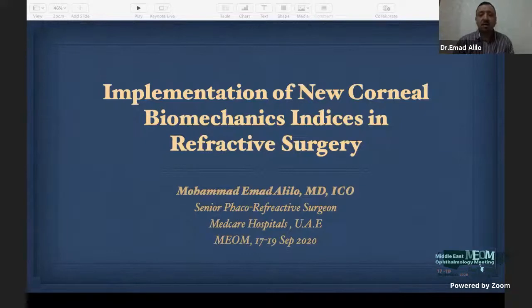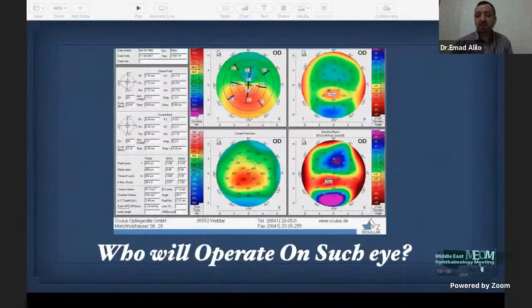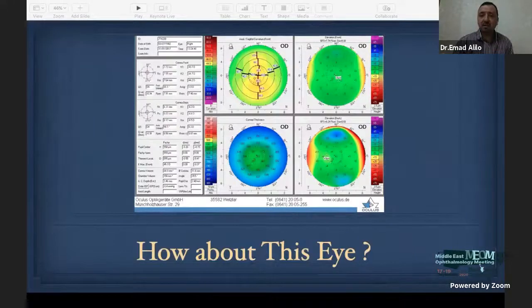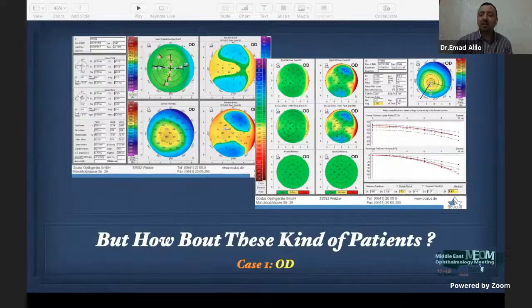So I will start by asking everyone here, who will operate on such an eye? This is quite a clear-cut case. You don't have to think about it. On the other side, when you have such a good cornea, you also won't think too much. But how about cases where you see some warning signs, some abnormality on the posterior curvature or on the anterior curvature?